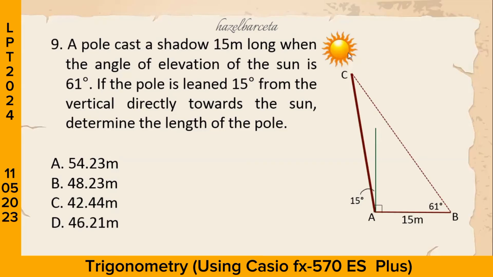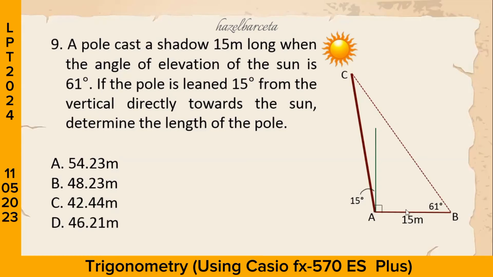We have the sun here, we have the pole 15 degrees from the vertical towards the sun. So, andun ang kanyang inclination papunta kay sun. And meron po siyang shadow na 15 meters. Ang tanong ay length of this, the pole.